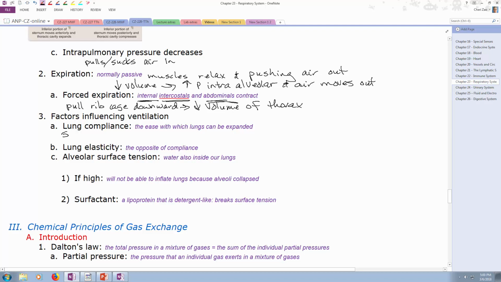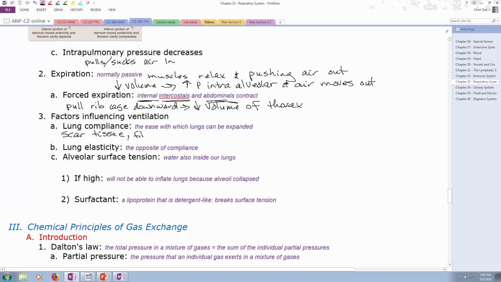What if you have scar tissue? That will have a negative impact on compliance, correct? I don't know if you've ever heard of pulmonary fibrosis, but what do you think fibrotic lungs are like? What do you think their compliance is like? That's really bad.